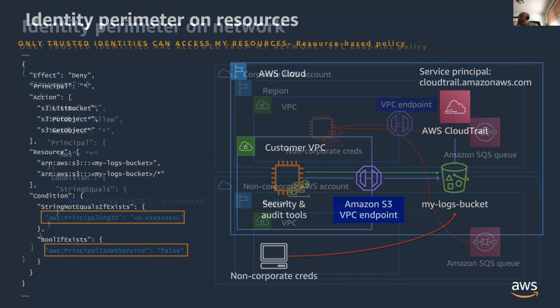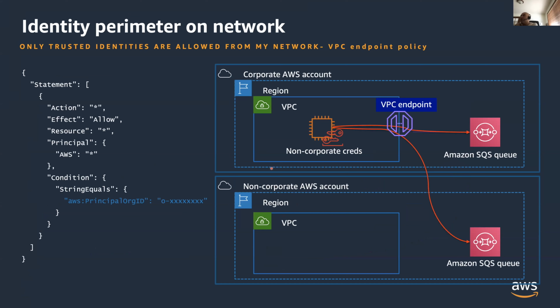Another example is another policy that is called a VPC policy, which sits on the edge of the network. It simply says that if a non-corporate credential is trying to access one of our services, it will be denied. Let's assume that we have a developer using his own credential on a virtual machine to access one of our resources.